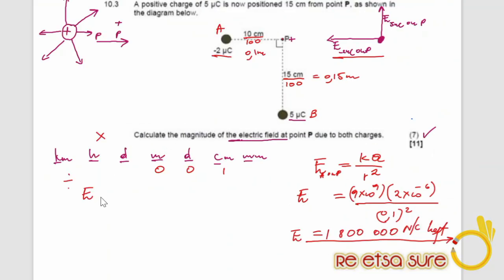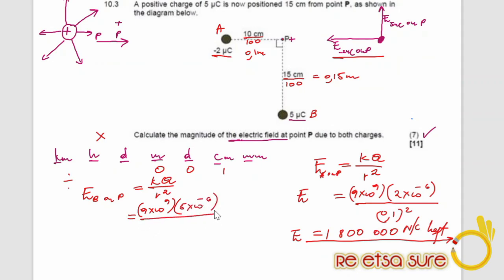Electric field of B on P is equal to K charge all over R squared. Remember that K is a constant, which is 9 times 10 to the power of 9. And the value for Q is 5 times 10 to the power of negative 6.